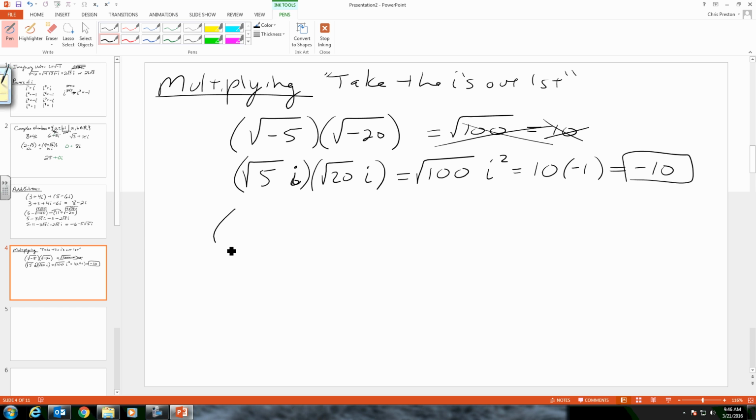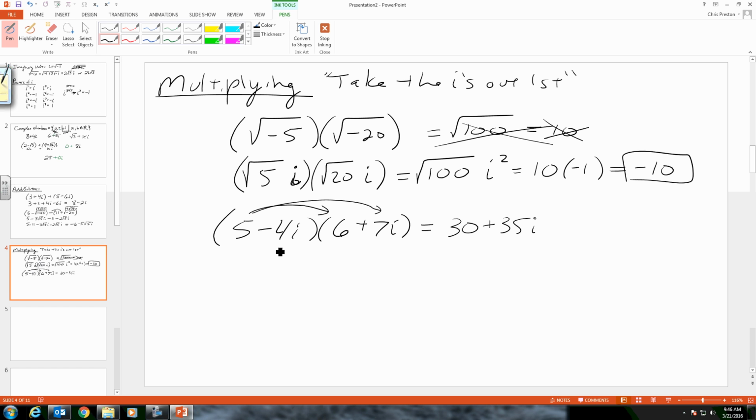Now, a lot of times what you'll get is something like 5 minus 4i times 6 plus 7i. And what are we going to do here? We're going to FOIL. We're just going to distribute this out, like we would a polynomial. So 30 plus 35i, negative 24i, negative 28i squared.